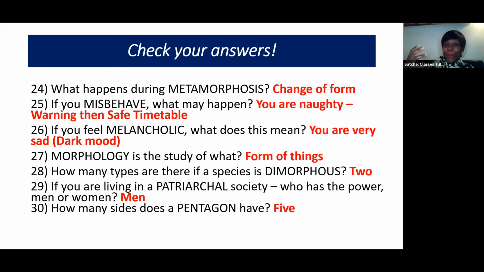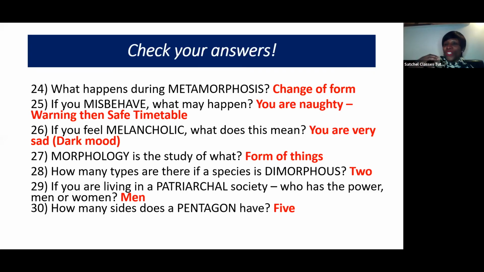Okay, I hope you understand that during metamorphosis, things change form. So like a caterpillar will become a butterfly. Metamorphosis, it's changing form.